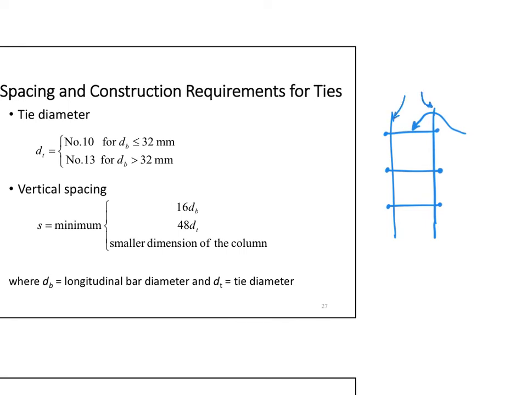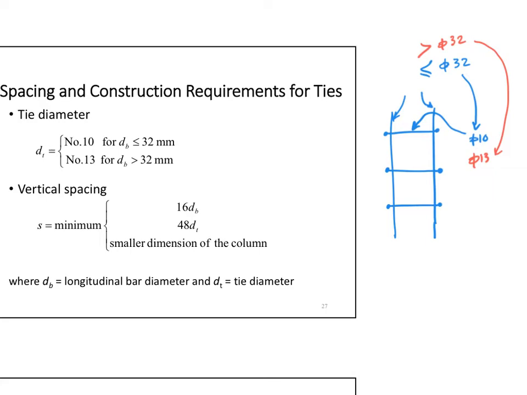If they are less than or equal to phi 32, then use phi 10 for the ties. If they are more than phi 32, then use phi 13. Simple. The bigger longitudinal bars will require a bigger tie. It's only 2 sizes that we're looking at.